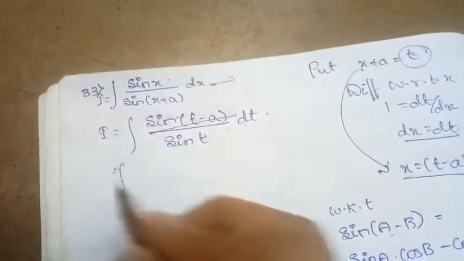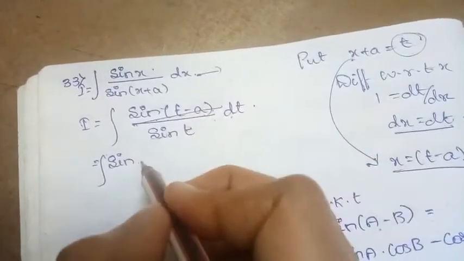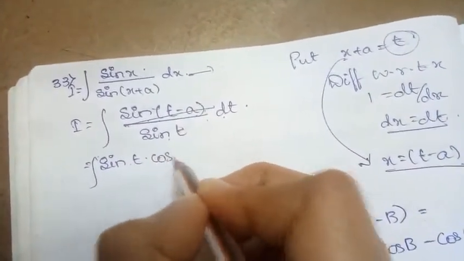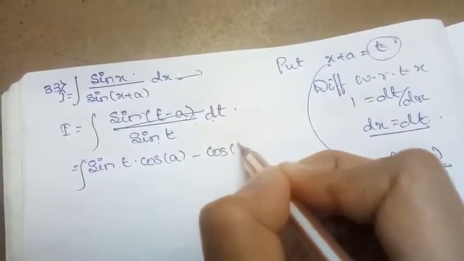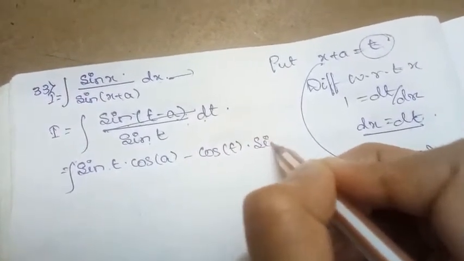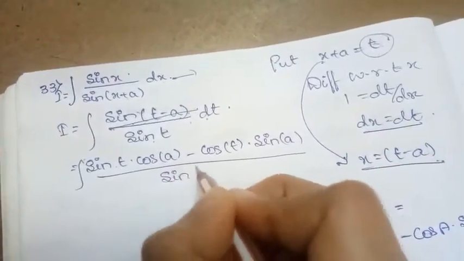By using that formula, sin a minus b is equal to sin a into cos b minus cos a into sin b, divided by sin t.